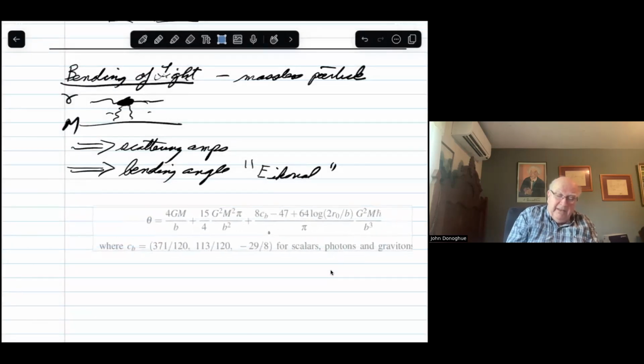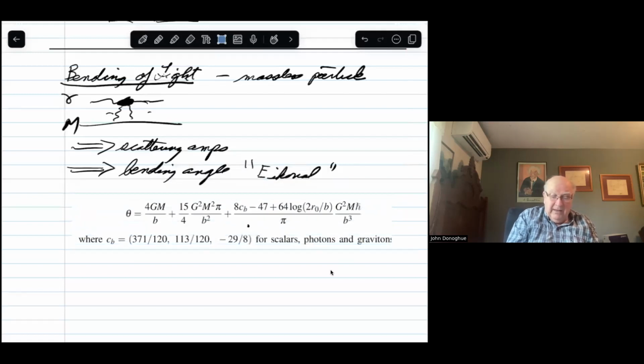Okay, so the bending angle, turns out you get the leading piece from one graviton exchange, you get the first classical correction also, and you get a term that's proportional to h bar, a quantum correction.